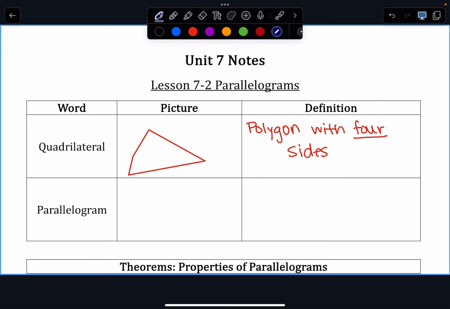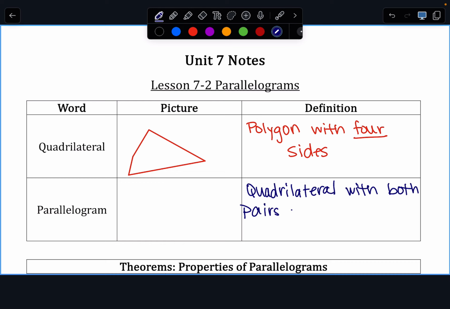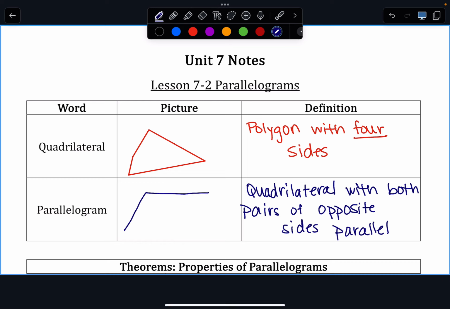So we'll define it as a quadrilateral with both pairs of opposite sides parallel. Just embrace it.